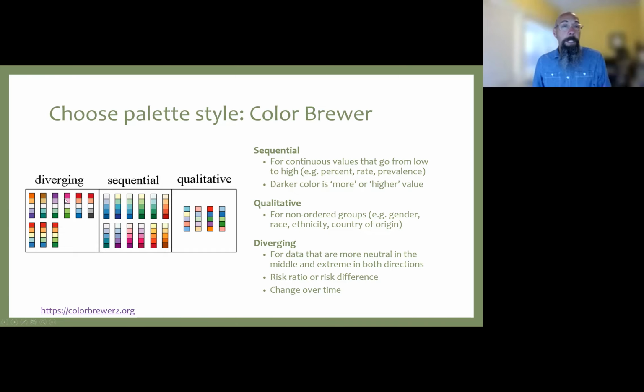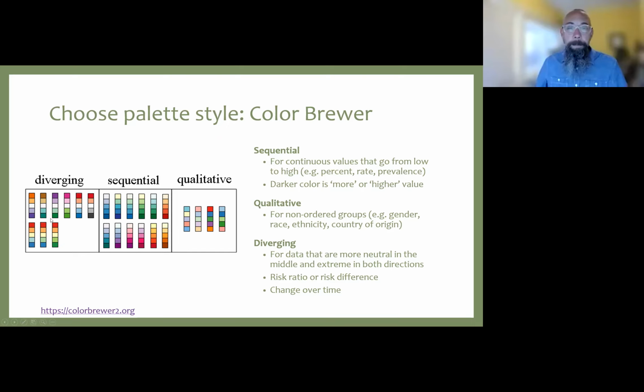So these diverging palettes are good when you have something that maybe is centered in the middle and can go in either way. So Likert scales is one thing, but also rate ratios and rate differences that have a null value and could potentially have values in either direction. Sometimes people use diverging palettes to highlight, if they would say, here's the average in the US, and those that are purple, for example, are higher than average and green are lower than average.